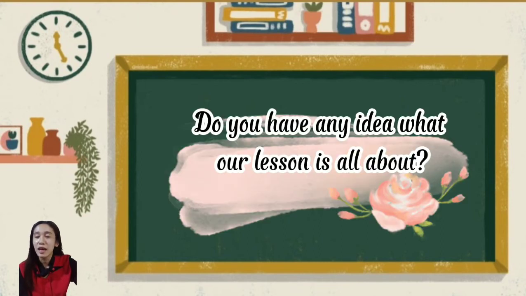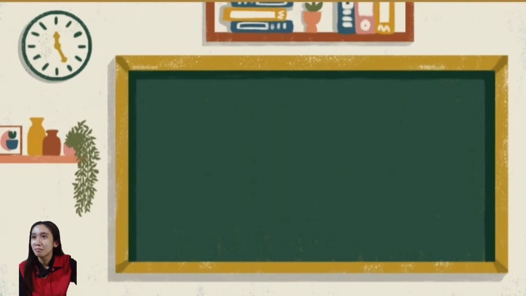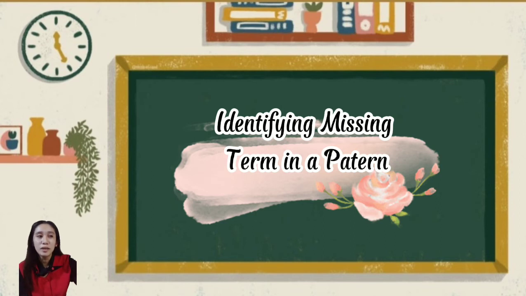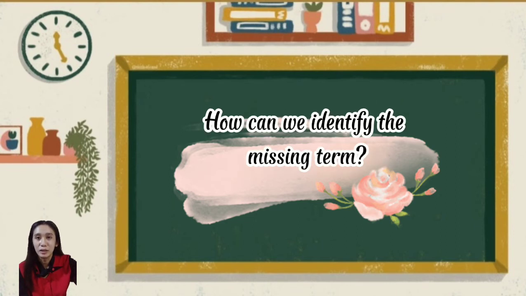Do you have any idea what our lesson for this day would be? Yes? Okay, very good. Our lesson for today is all about identifying missing terms in a pattern. So, how can we identify the missing terms, shapes, or numbers in a pattern?